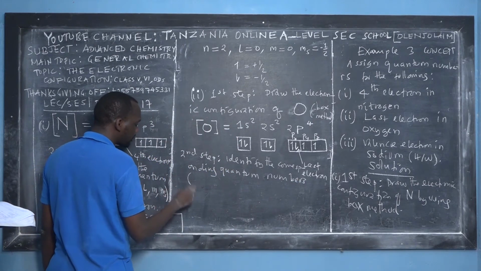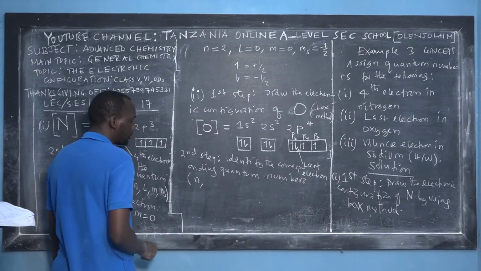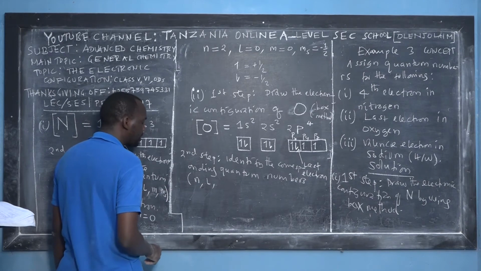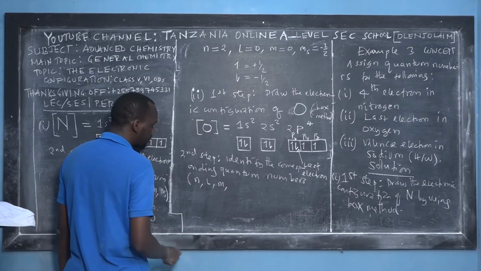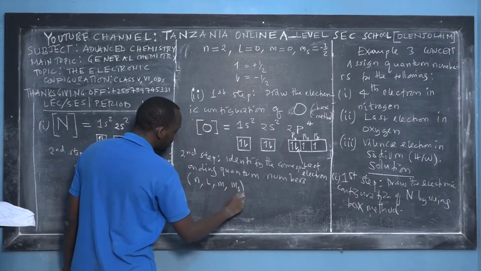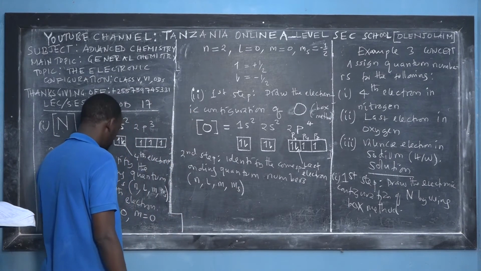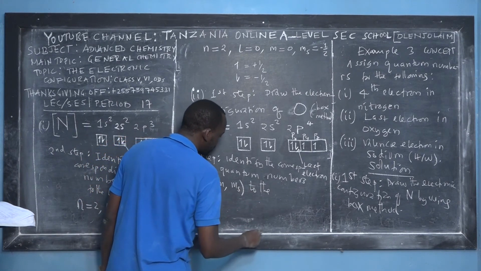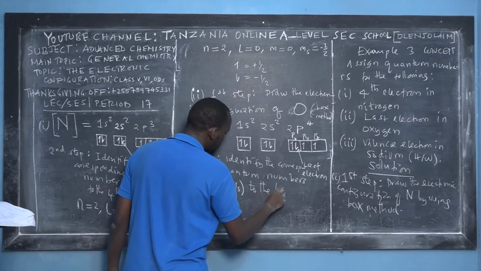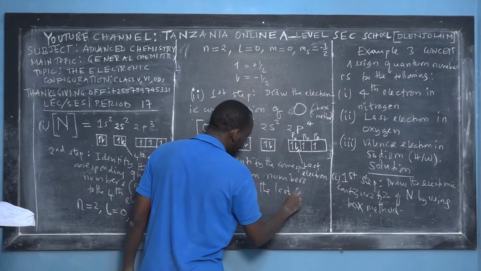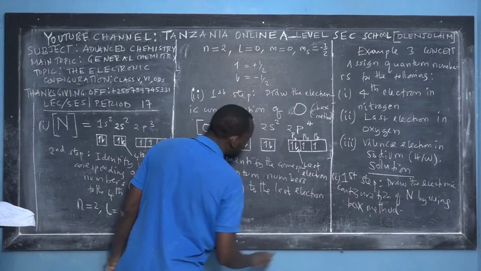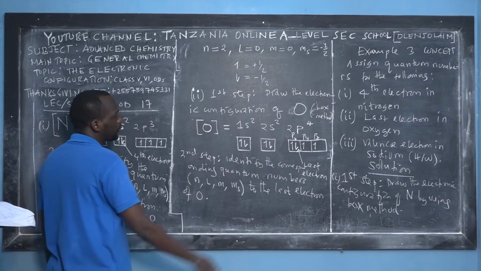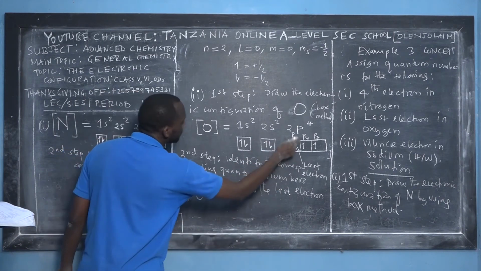We mean the principal quantum number, the subsidiary quantum number, the magnetic quantum number, and the spin quantum number, to the last, 8th electron. The last electron of what? Of oxygen. So from this sequence now, the last electron is here.